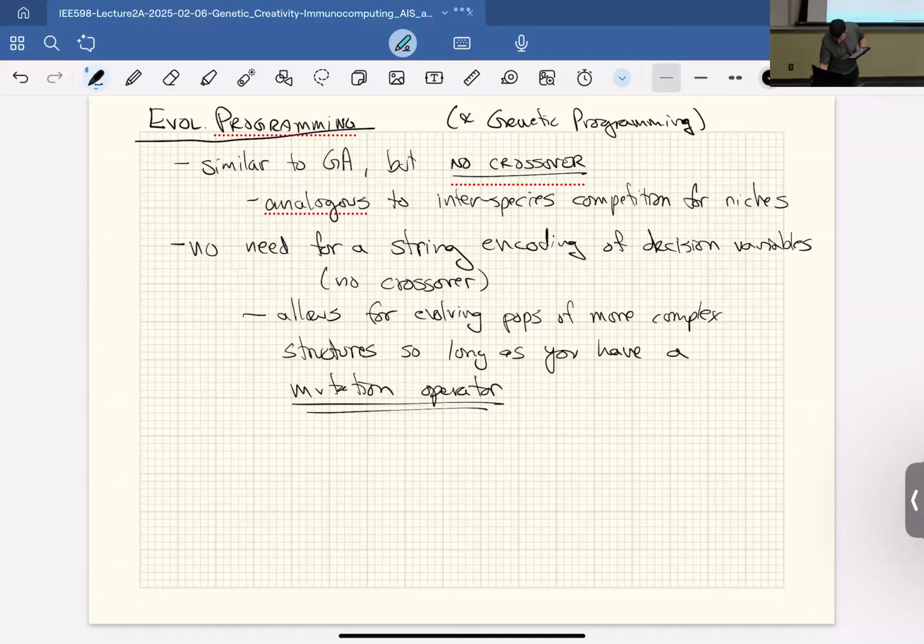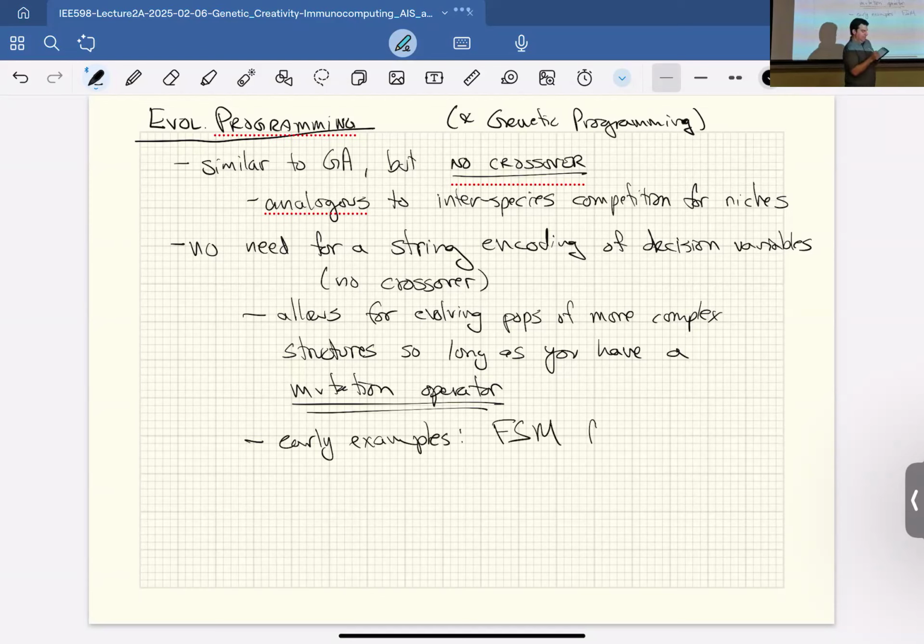So what I mean by that is, for example, the early examples were finite state machines, which I'll review here in a second, for basically natural language processing for symbol prediction. So basically NLP.